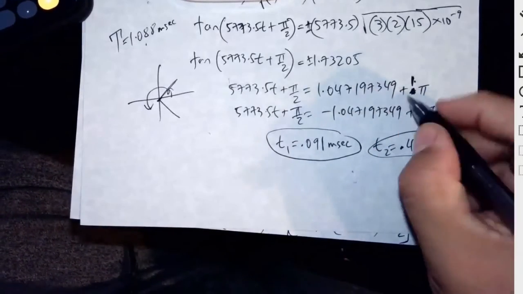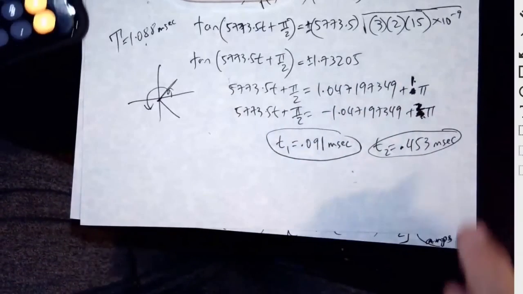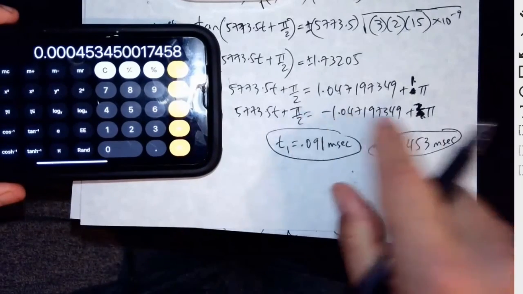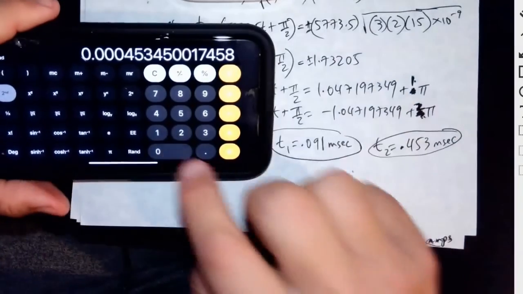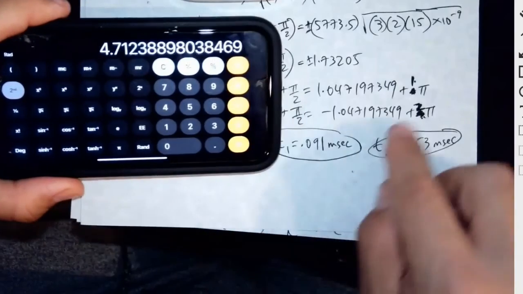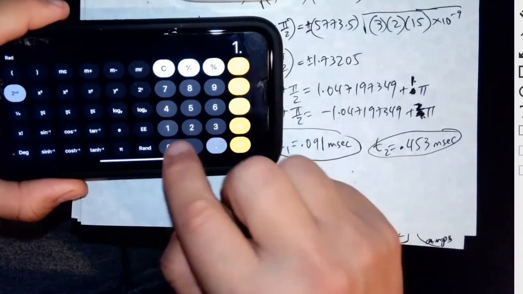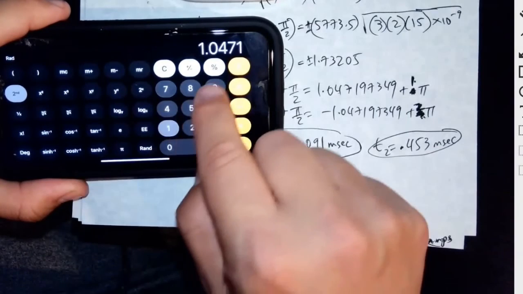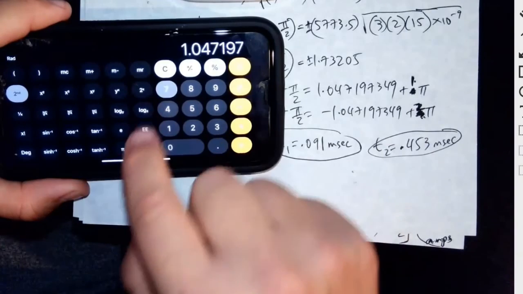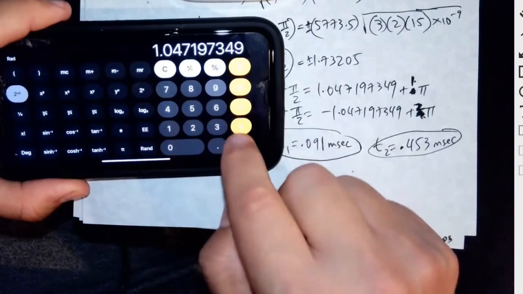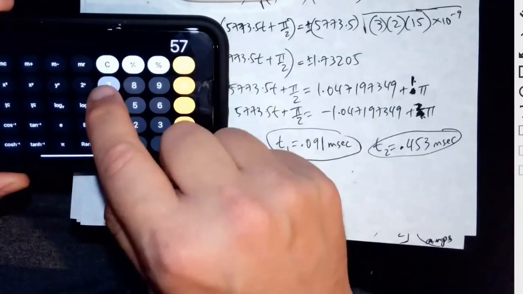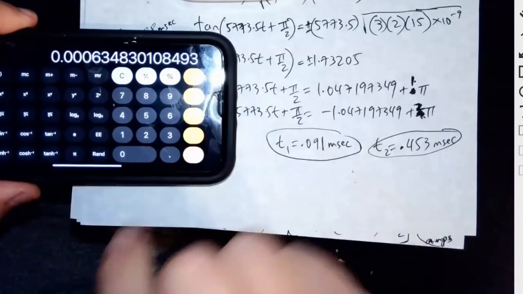Then I come back to here and put n is 2. Right? So 2 pi minus pi over 2 is going to be 3 pi over 2, so 1.5 pi. Then minus 1.047197349, divided by 5773.5.